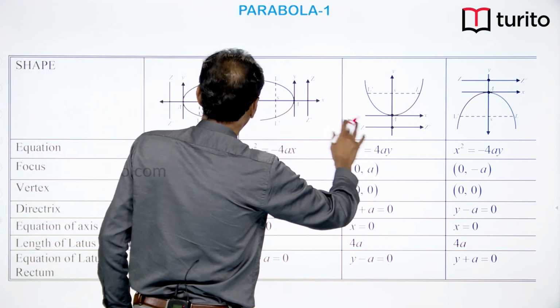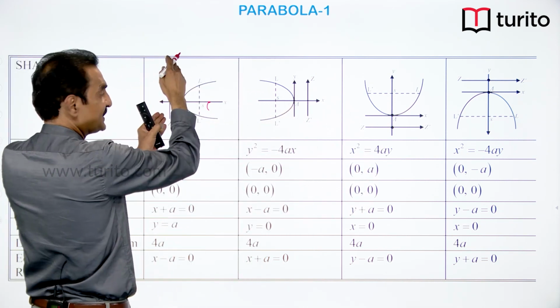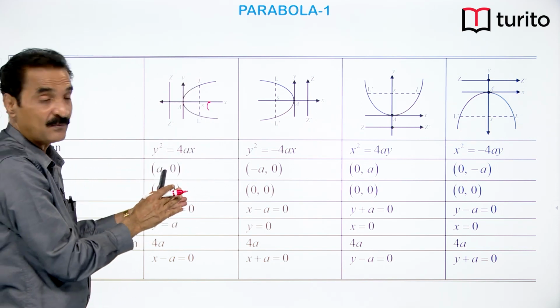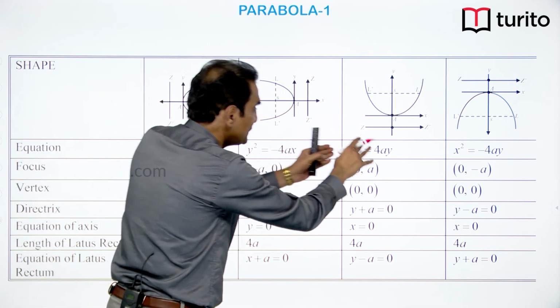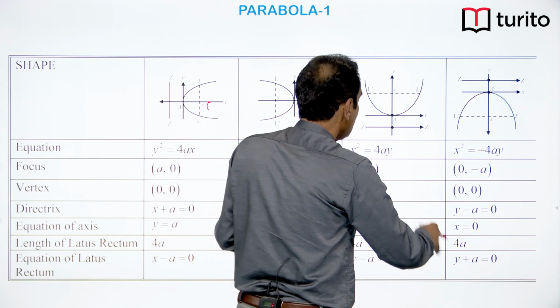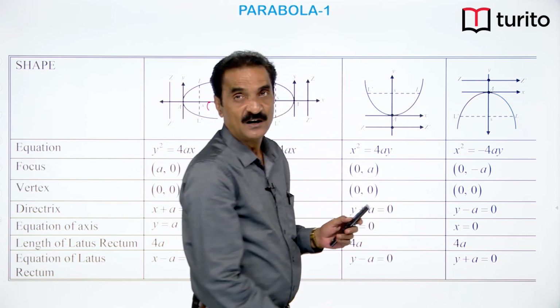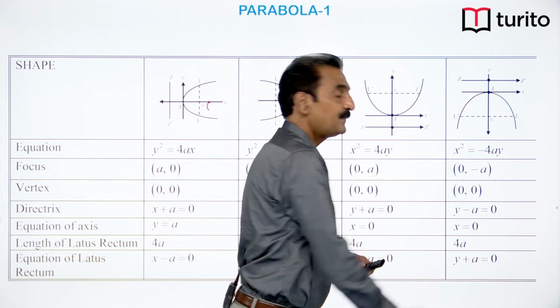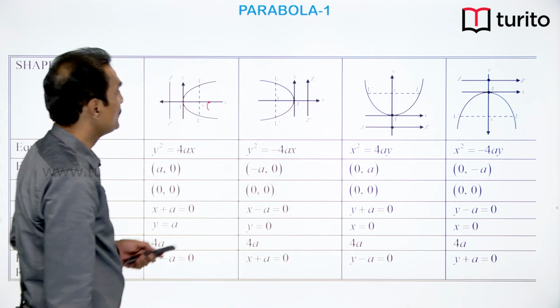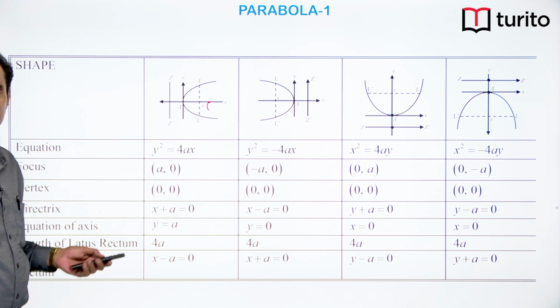Here you are interchanging the x and y axis. So, interchanging x and y, and interchanging the x coordinate and y coordinate, this column becomes this column. Again, here replacing a by minus a in the third column, you will get the fourth column. Okay?